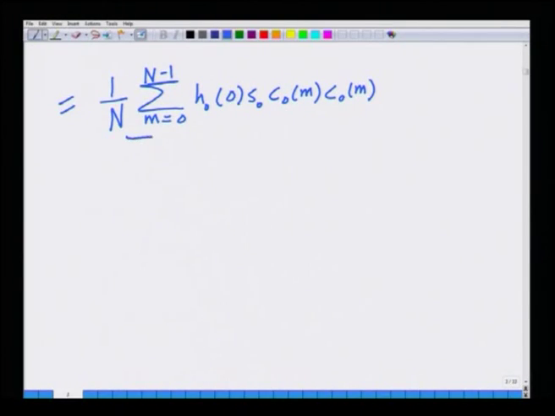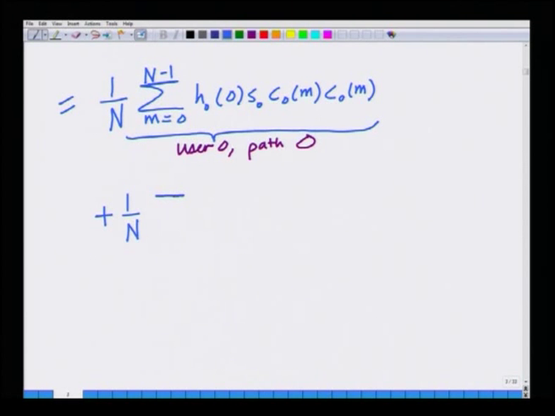plus the next L minus 1 components corresponding to user 0 and the other L minus 1 paths.